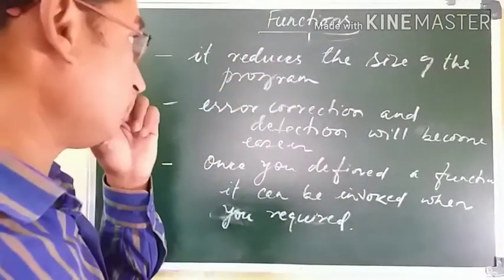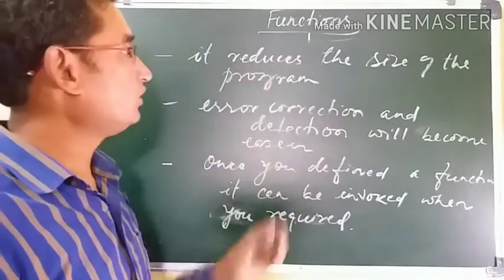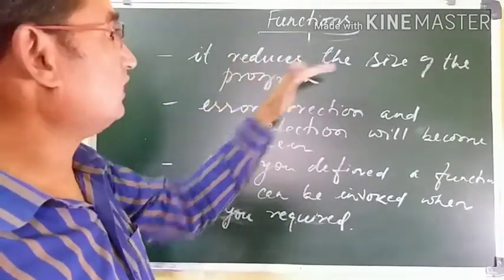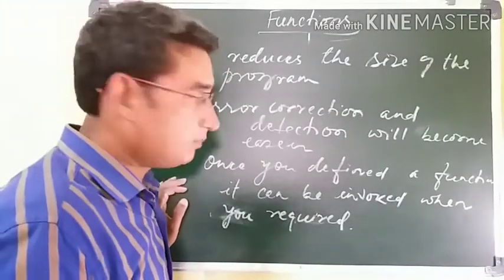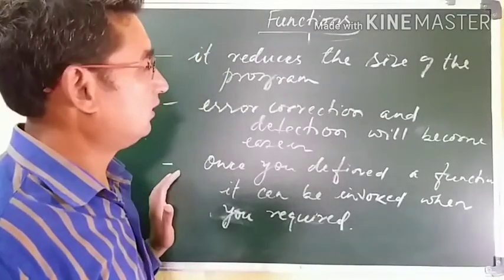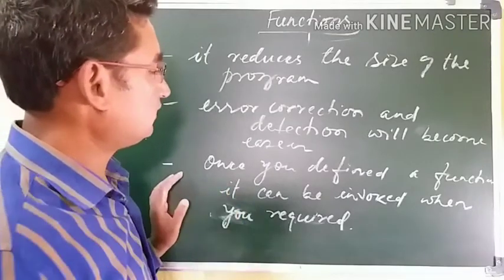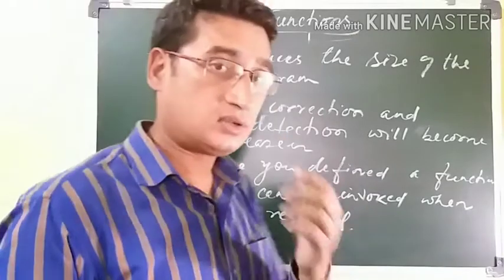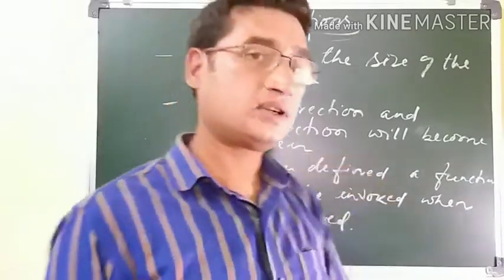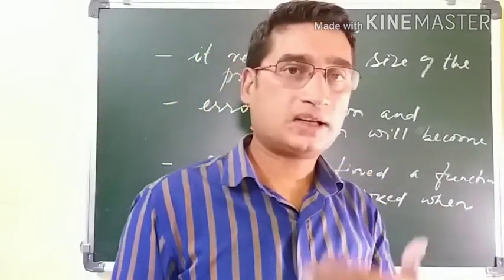These are the main advantages of why to use a function. If you are using a function in your program, then it reduces the size of the program. Second one is error correction and detection will become easier. And third one is once you define a function, it can be invoked when you require. It means once you have defined a function, that function can be used again and again.